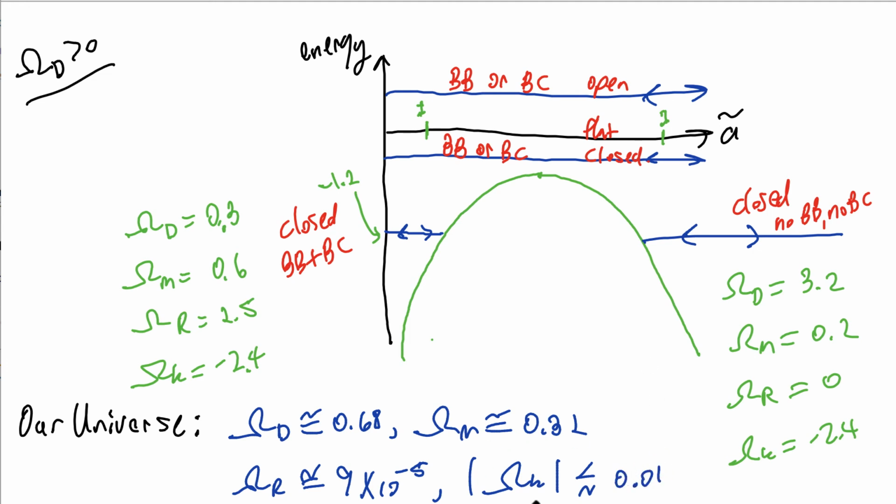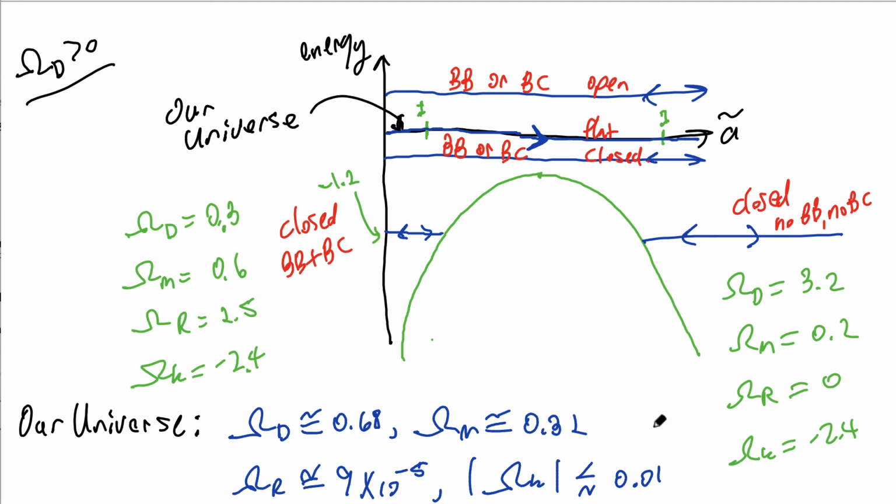So our universe is very nearly flat, and it has omega d positive, so it's represented in this diagram by the a tilde axis. So this is our universe, and we know it's expanding, not contracting. So this is us, our universe.